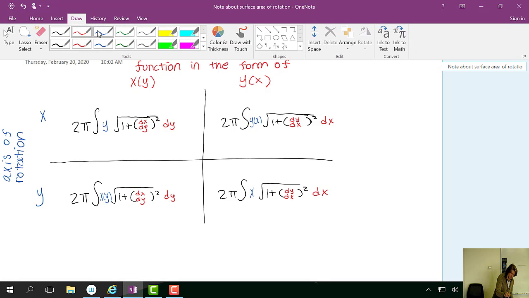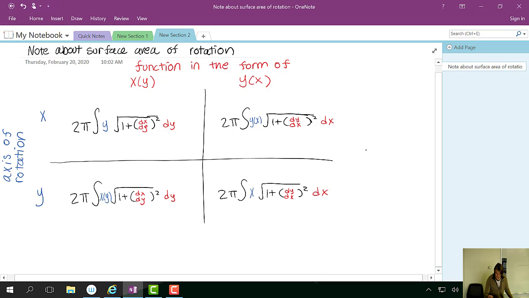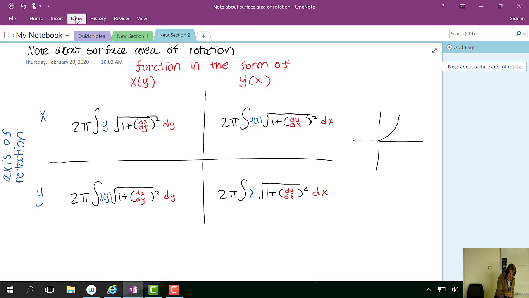If I have some curve like that, when you're forming the surface area, you can always either rotate it around the y-axis or the x-axis, which will always produce different rotations.